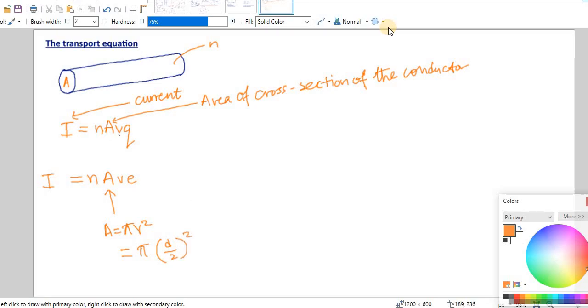Then v is the drift velocity, and q is the charge on a charge carrier.